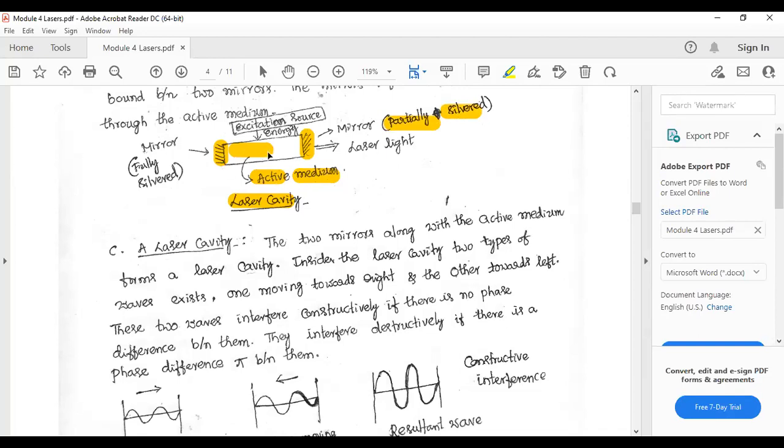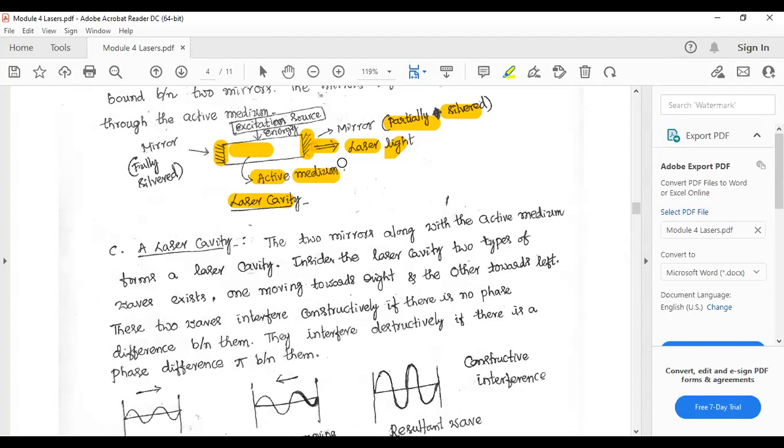The light emitted by the active medium now moves back and forth within this laser cavity. The light will get reflected by mirror 1, and then it will be partially reflected by mirror 2, and some amount of the laser light will be emitted out. Partially silvered means this mirror at the right hand side will emit some of the laser and reflect back some of the laser. That is the meaning of a partially silvered mirror.